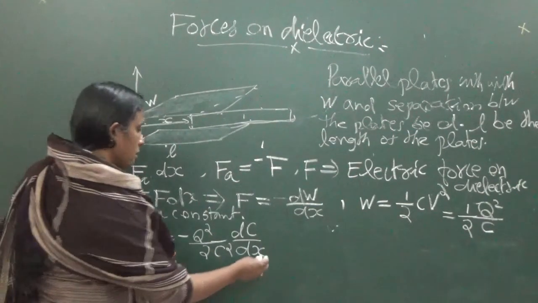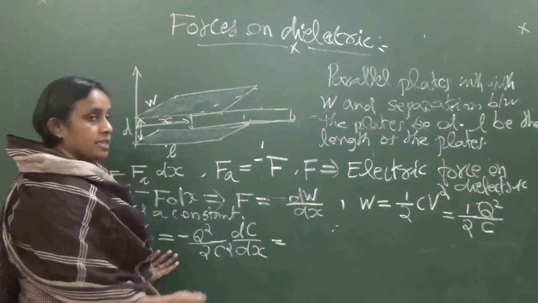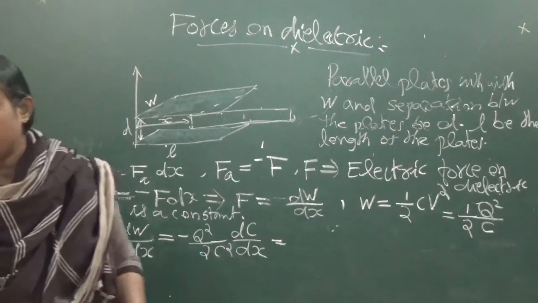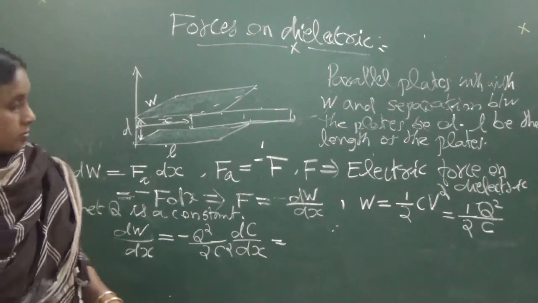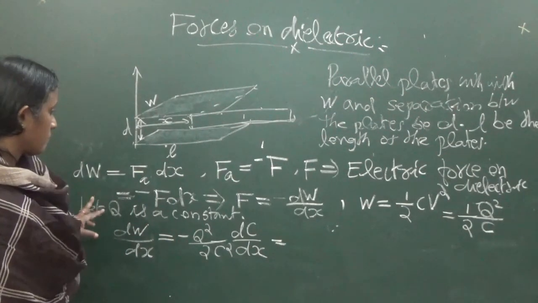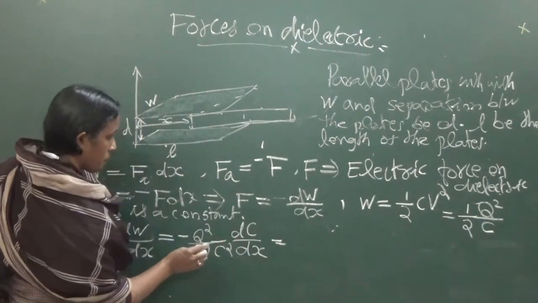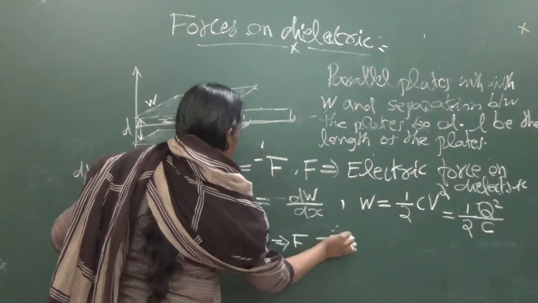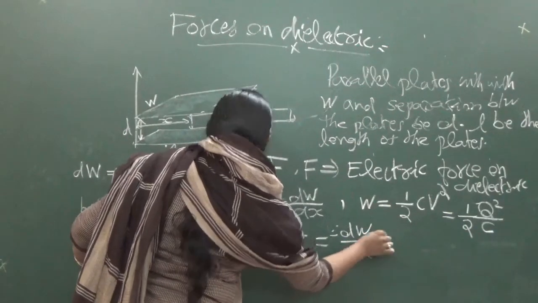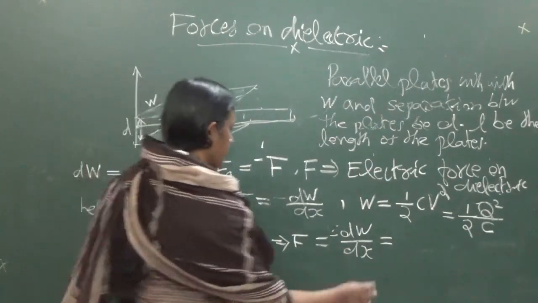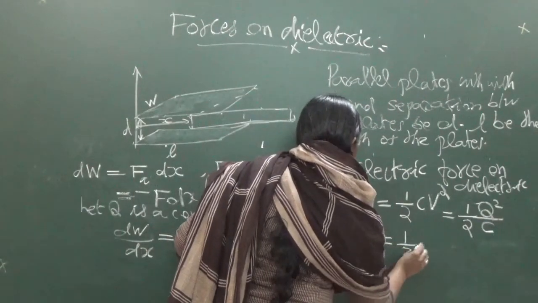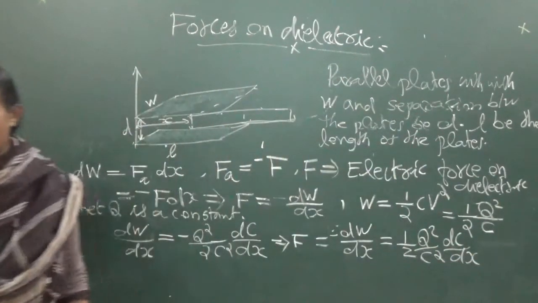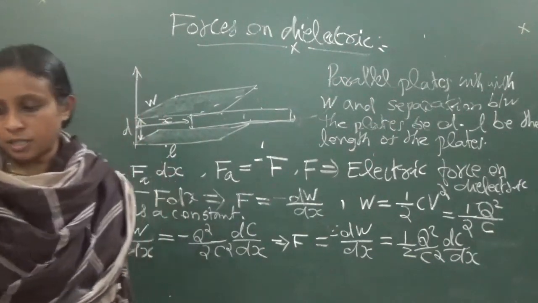We already know that Q by C is V. So the force F equals minus dW by dx, equal to half Q squared by C squared dC by dx.